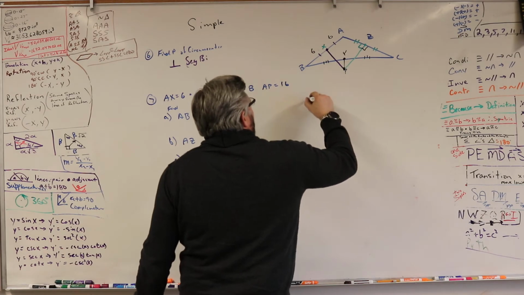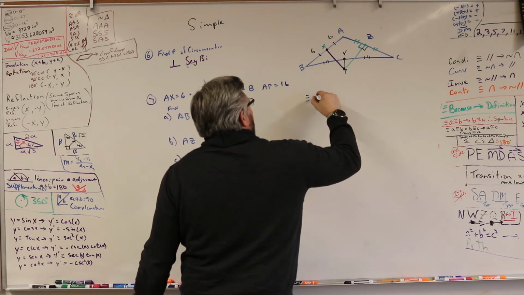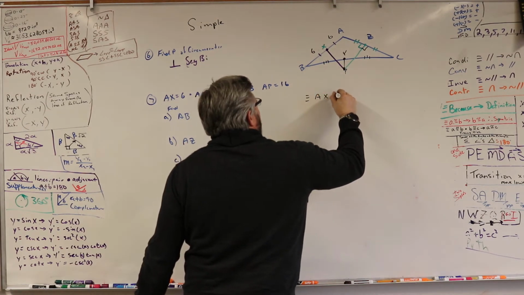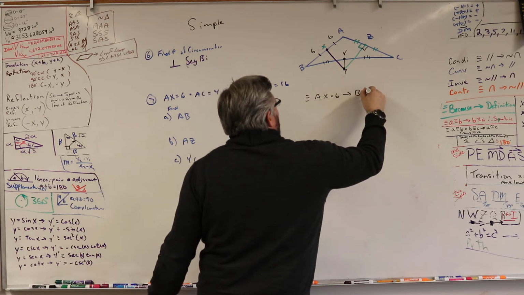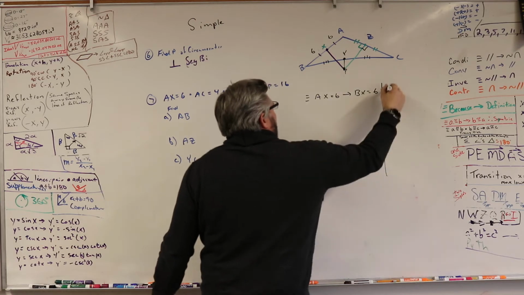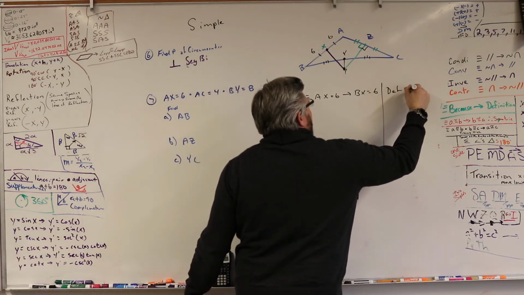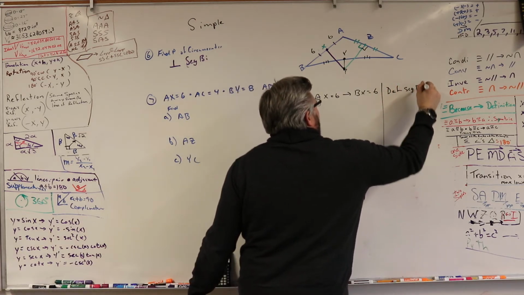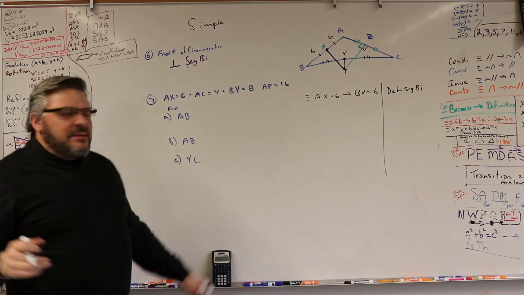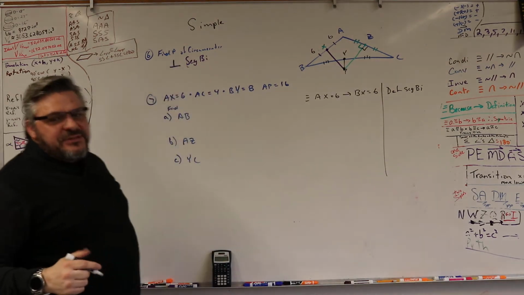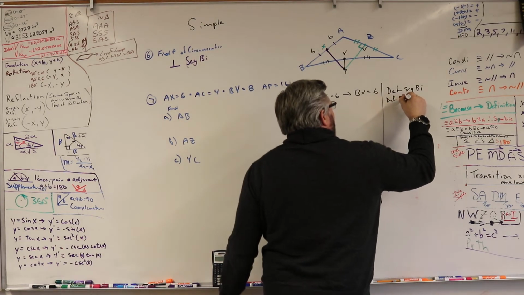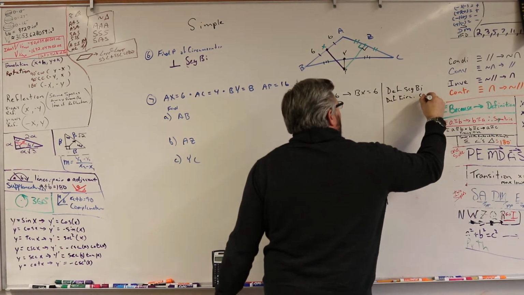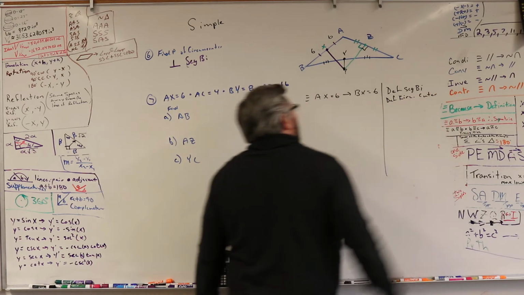So, if and only if AX equals 6, then BX equals 6. Definition of a segment bisector and the definition of a circumcenter.